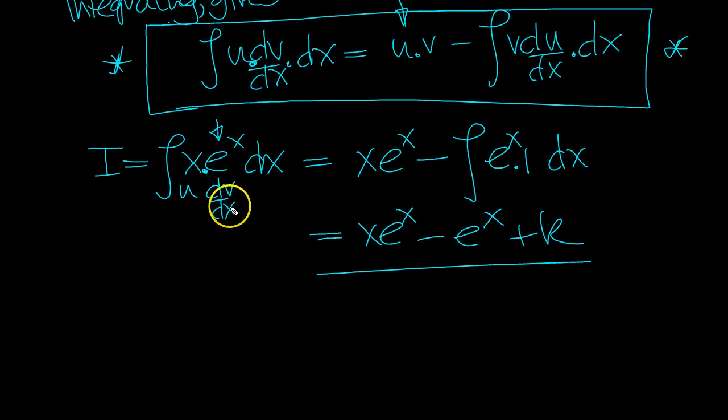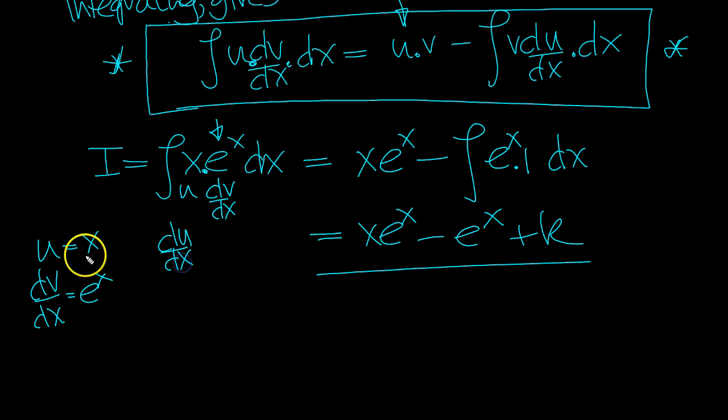Do you notice also that we did it all in our heads, because we let u equal x and dv/dx equal e to the x, and then we wrote down the constituent parts. So du/dx we needed, didn't we? Yeah, we needed du/dx, and that was 1, and we worked that out in our head. Put it here, and here we needed to integrate dv/dx to get back to v.